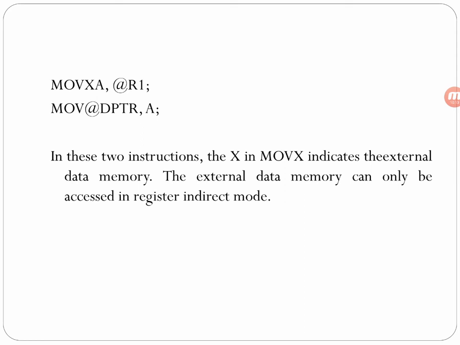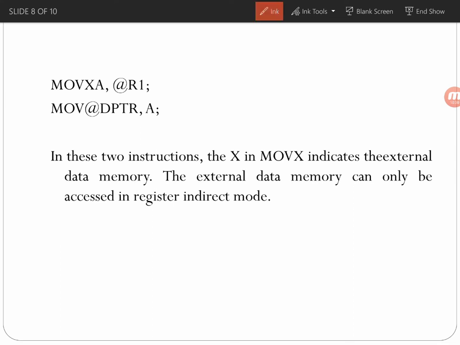Now next is MOVX A, @R1. So now this is for external addressing. Always X indicates the external data memory. So MOVX A, @R1 means what? R1 is going to have the memory location and the data from the R1 memory location will be moved to the accumulator register.